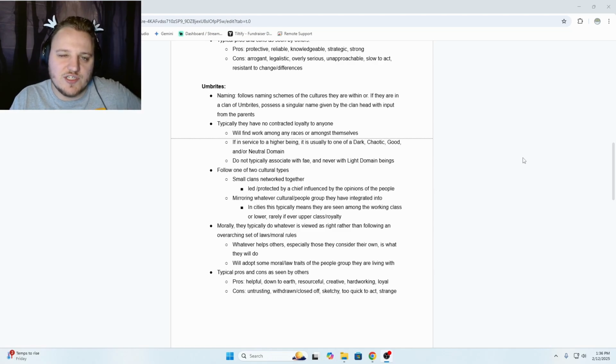They kind of don't trust other people, and other people don't really trust them. They can come off as sketchy. They are often too quick to act, and they give off a very strange vibe. They're these shadow entities that you can't really see an expression for. They don't really emote because they can't. So those are the typical pros and cons that the other races may say about the Umbrites.